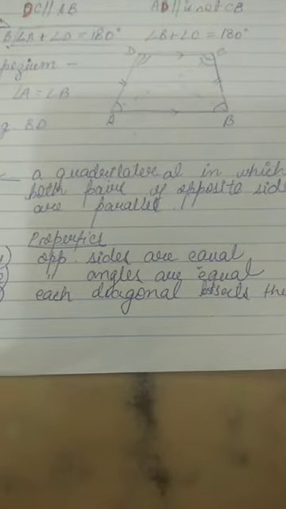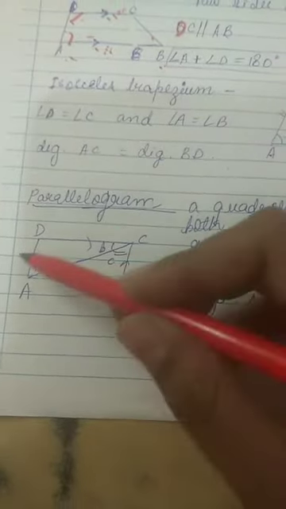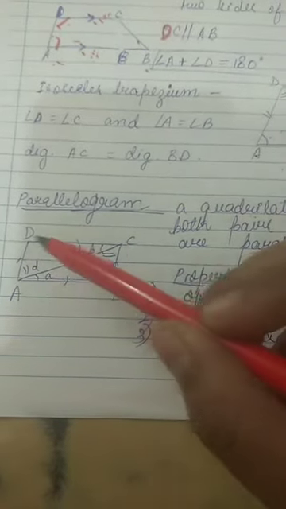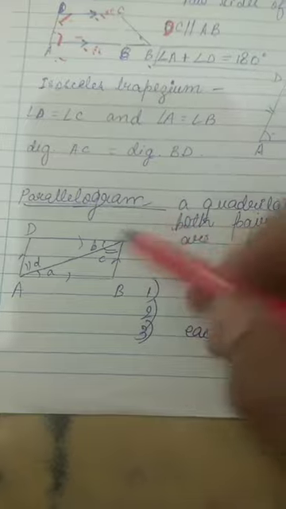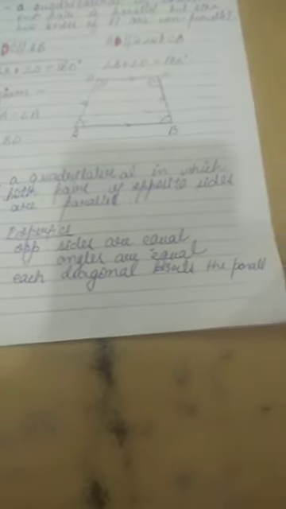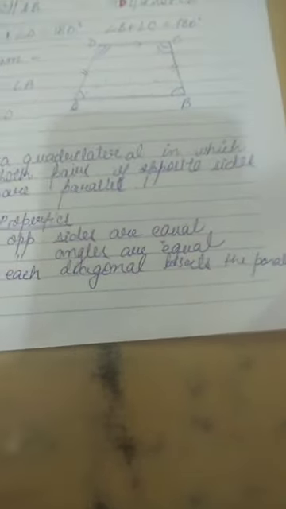Now what are the properties of a parallelogram? The opposite sides are equal, that is AB is equal to DC and BC is equal to DA. Opposite sides are equal, opposite angles are equal, and each diagonal bisects the parallelogram.